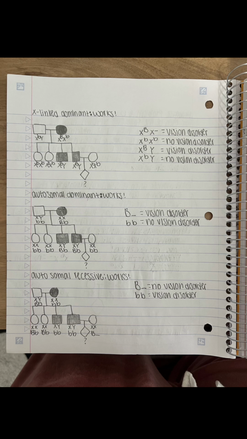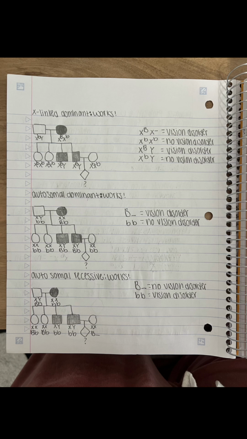So either big B has a vision disorder and then little b's have no vision disorder. And so it would pretty much be the exact same scenario as the X-linked dominant. It just wouldn't be X-linked. The father would just have two B's, and the sons would have to have big B and little b in order for this to work.